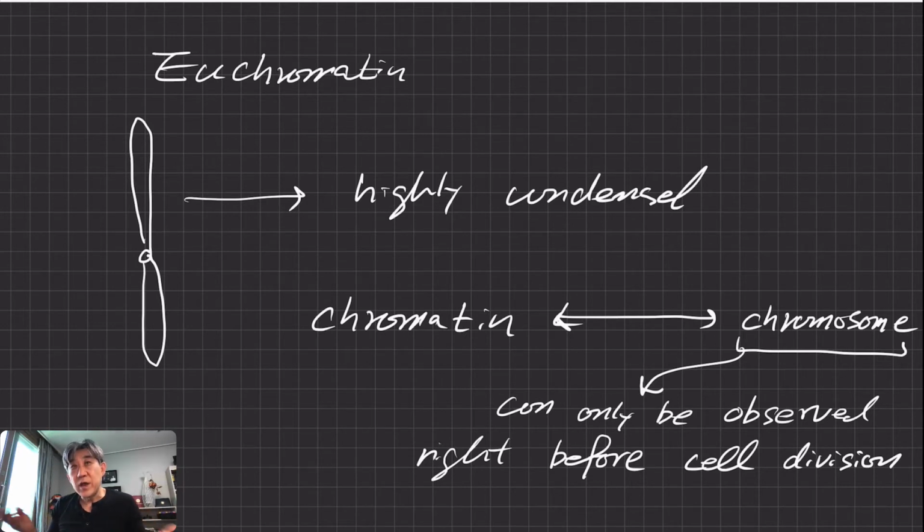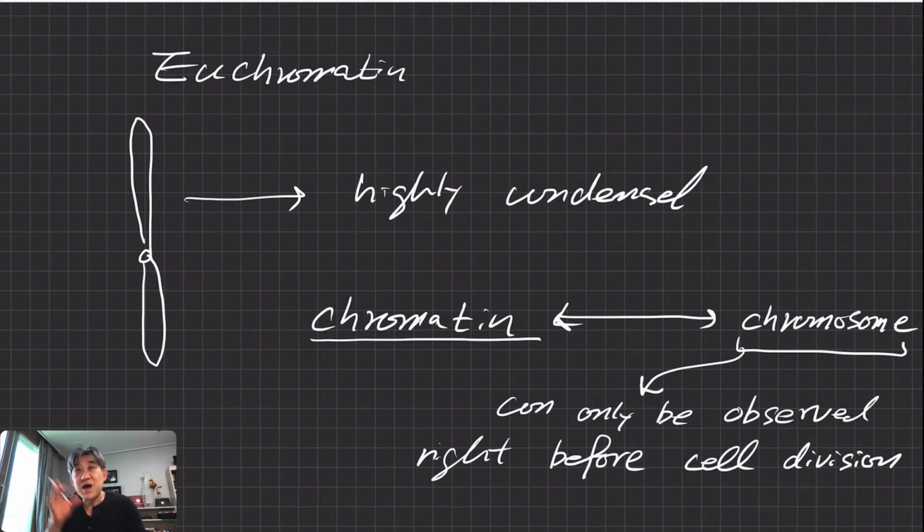Only then can you see your genome in this chromosome structure. But during the rest of your cell lifespan, your DNA exists in this relatively uncondensed structure we call chromatin. However, on this chromatin there are two different degrees of condensation.